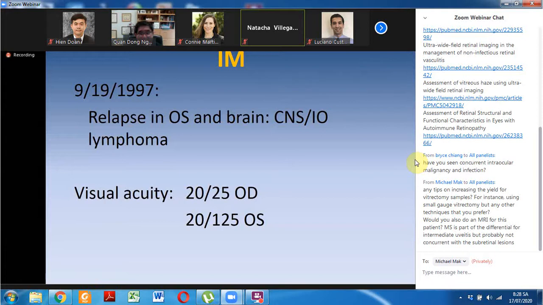This is why I repeat that we are key in certain types of patients to help make the diagnosis, because we can help save the patient's eye, and not only that, but the patient's life as well.